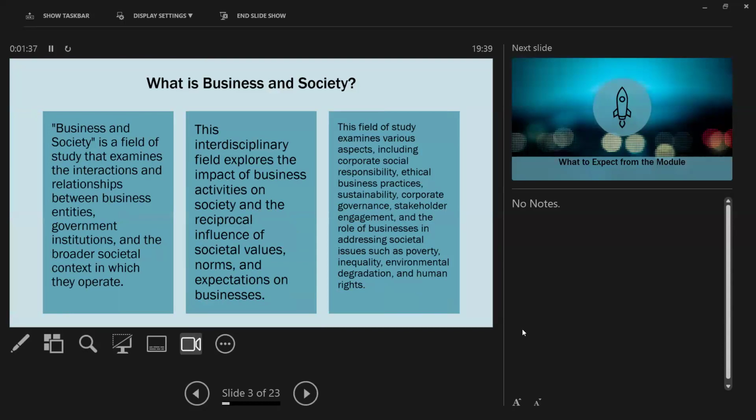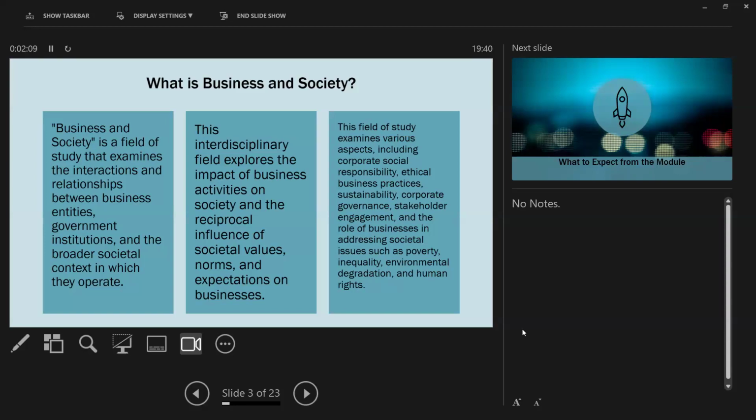Business and society is a field of study that examines the interactions and relationships between business entities, government institutions, and the broader societal context in which they operate. Sometimes it's called business, government, and society, BSG.